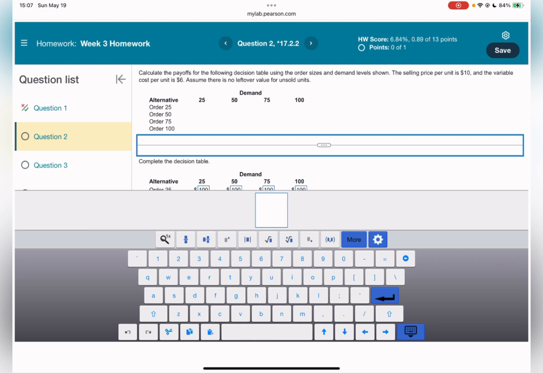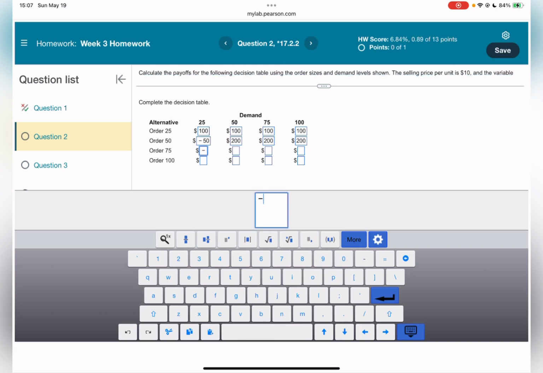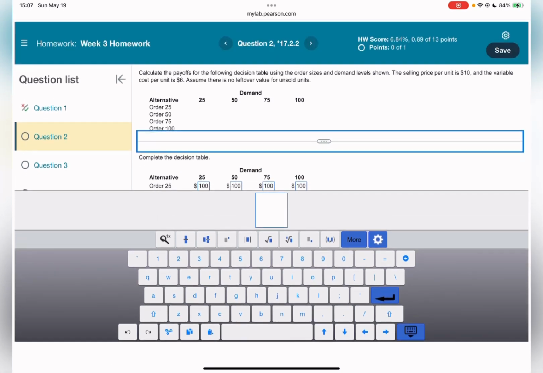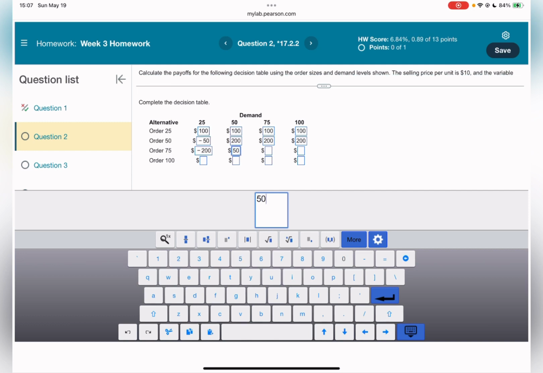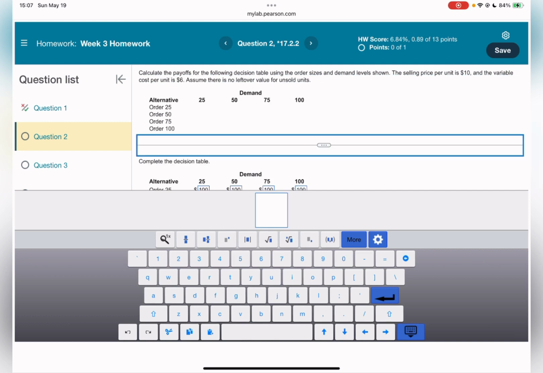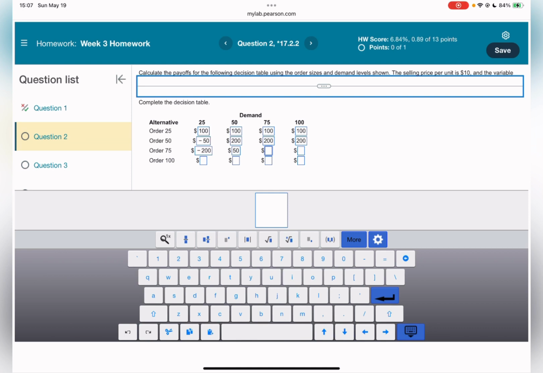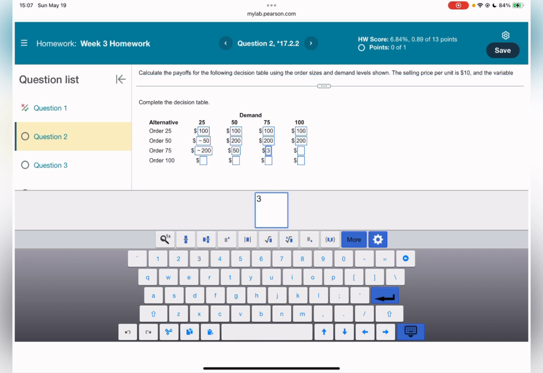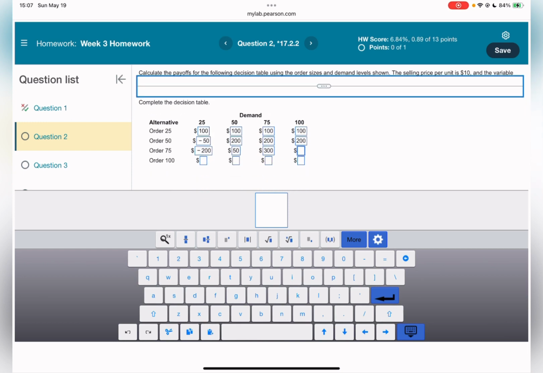Okay, moving to the case when supply prevails, so it's gonna be negative 200, and then positive 50, 75, 75, it's gonna be 300, and then 100, it's gonna be 300.